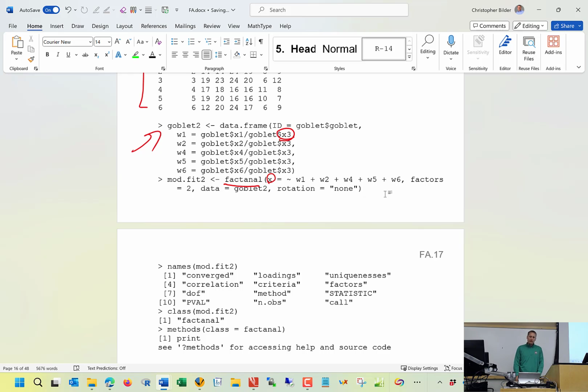So I say x is equal to tilde W1 plus, meaning and, W2 plus W4 plus W5 plus W6. There's an argument called factors, where you specify how many common factors you want. You can also specify where your data is. And there's a last argument called rotation. I will explain that more later. For now, let's just use the value none.